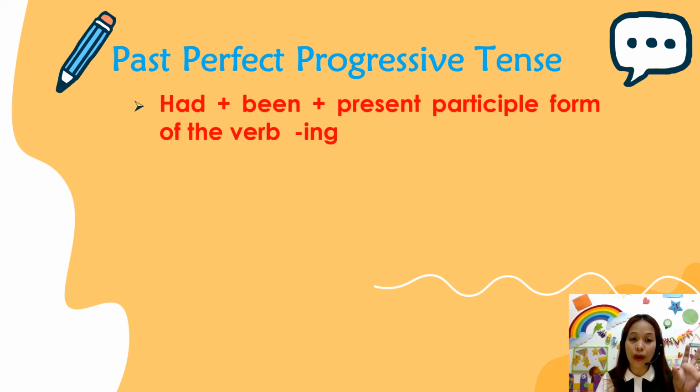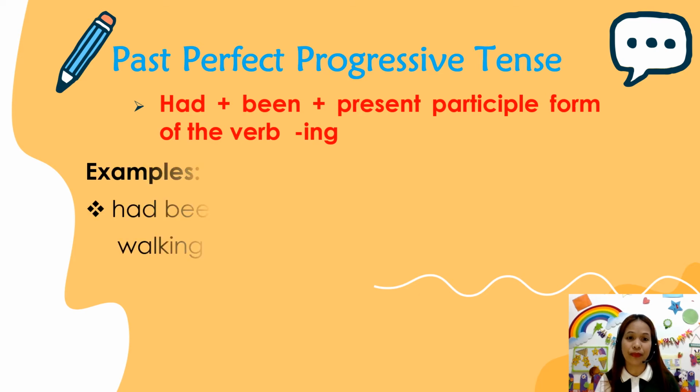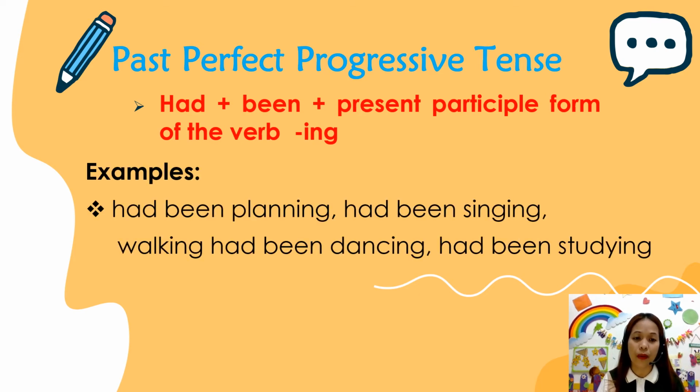When you say past, you are just changing the be verb, have and has, into had. But you are still using the past participle form of be, which is been. Okay, so we have examples here: had been planning, had been singing, had been walking, had been dancing, had been studying.